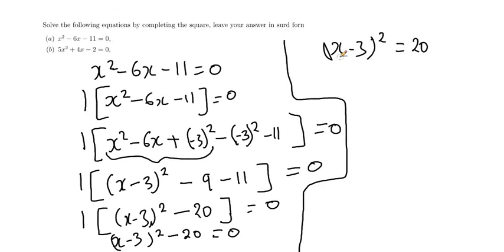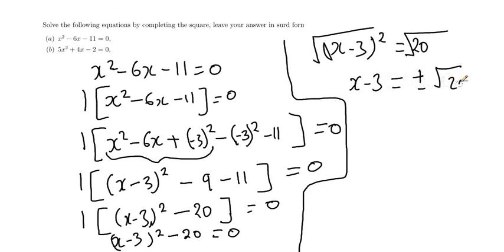We need to find the value of x. That's the ultimate goal. So when we introduce the square root sign on one side, we have to introduce it on the other side as well. So what this means is that this power is going to cancel with that, and we remain with x minus 3 is equal to plus or minus the square root of 20.